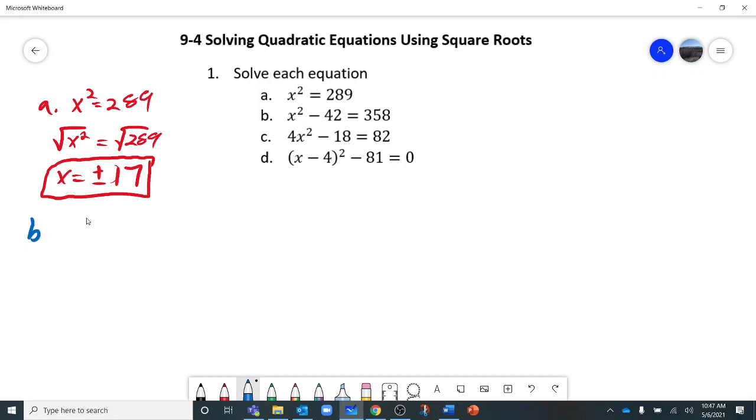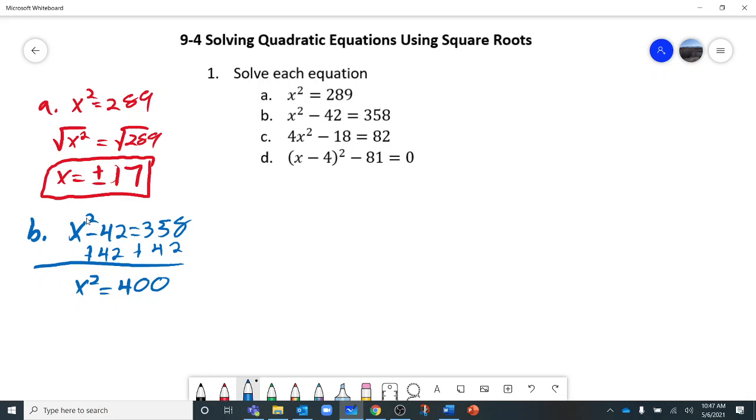Okay, B, x squared minus 42 equals 358. Add 42 to both sides. And we get x squared equals 400. And then we're going to, again, take the square root of both sides.